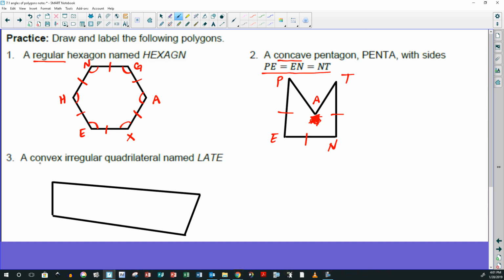And then the last, you have convex, so nothing's caving in. It's irregular, and it has to have 4 sides. So I just threw up 4 sides. So L, A, T, E. So just make sure you're comfortable with drawing what they want you to draw. And that way you will not have any problems when you have a word problem that describes a picture instead of giving you a picture.